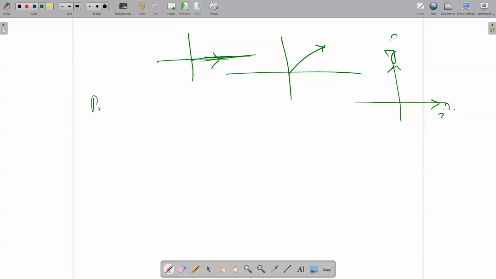Okay, so the next problem is: if vector B is added to vector A, the result, meaning the resultant vector, is 6i plus j.